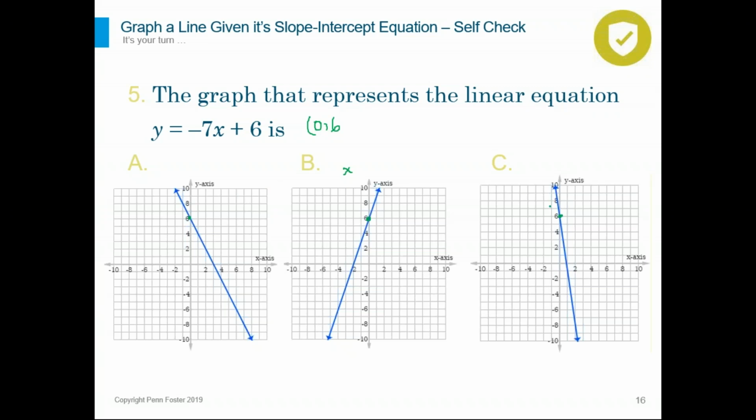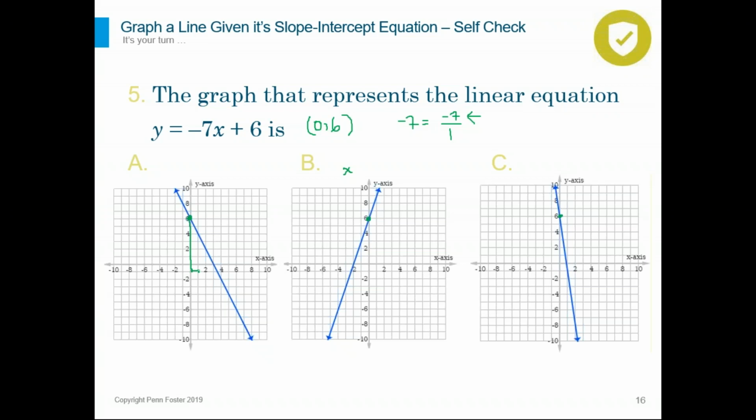Okay, let's start from this point. That's a point on the graph, and we try to use the slope. The slope is -7, which is also the same as -7/1. The rise is -7, so go down 7 units, 1, 2, 3, 4, 5, 6, 7, and go to the right 1 unit.